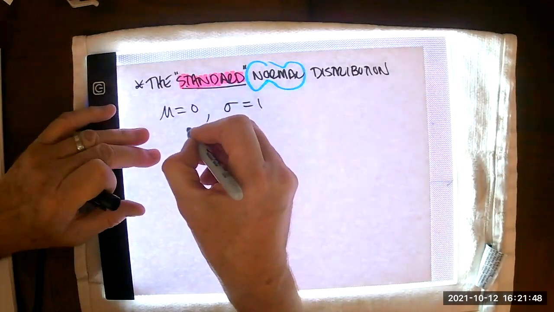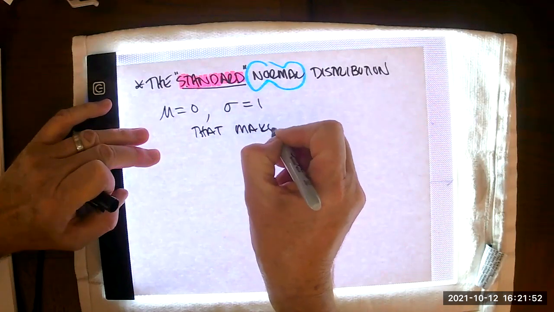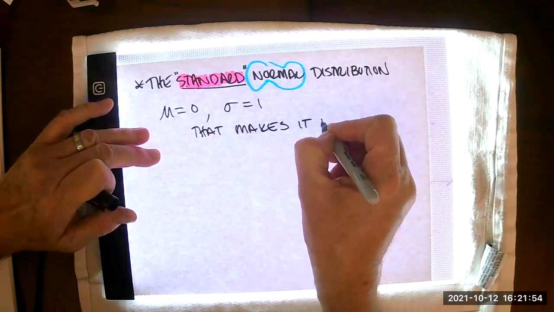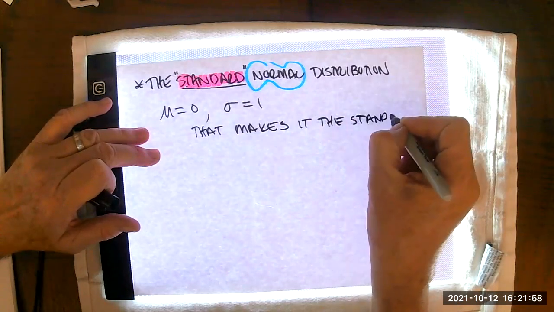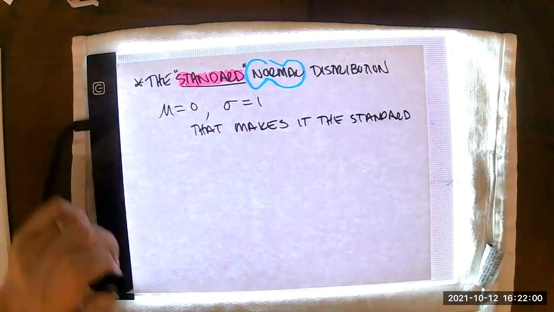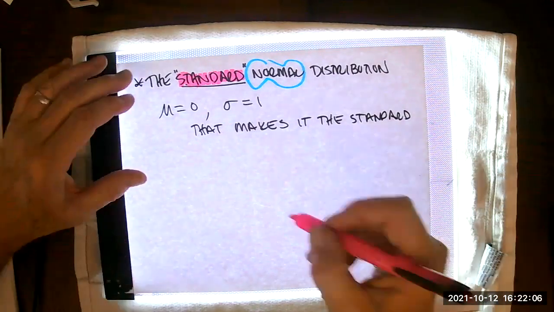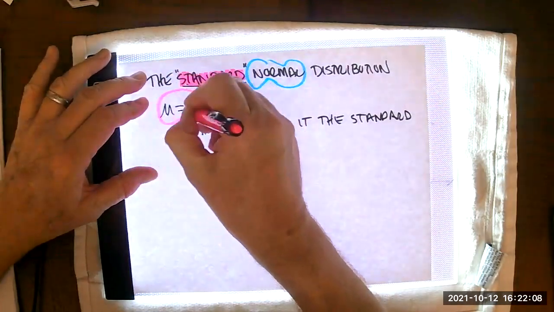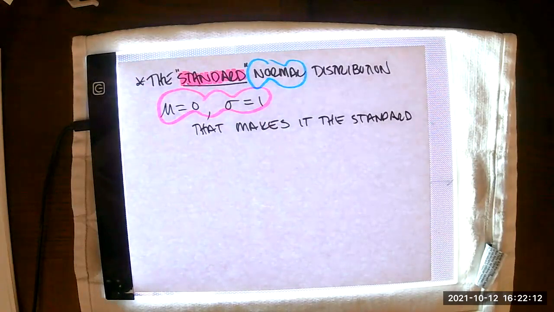That's what makes it a standard. So keep that in mind. If I ask you about the standard normal distribution, it always has a mean of 0 and a standard deviation of 1.